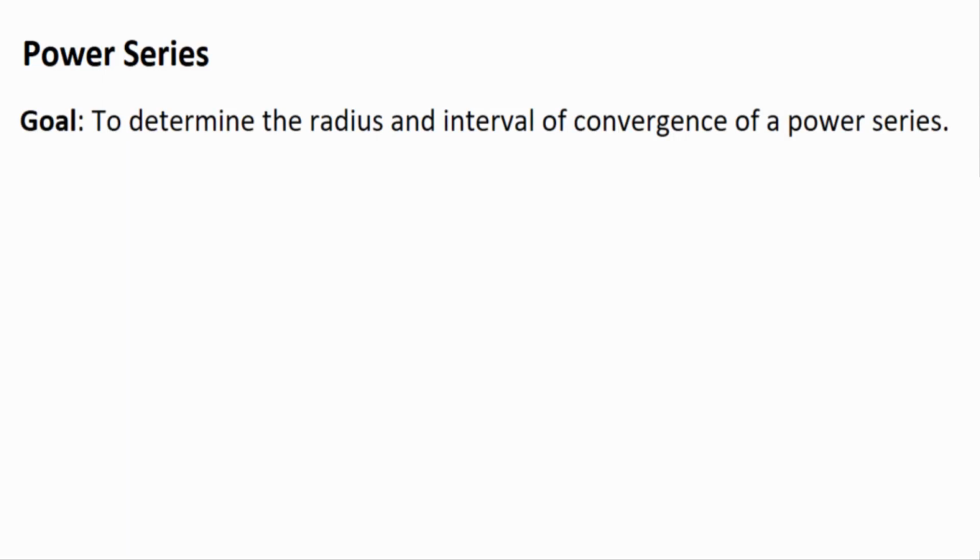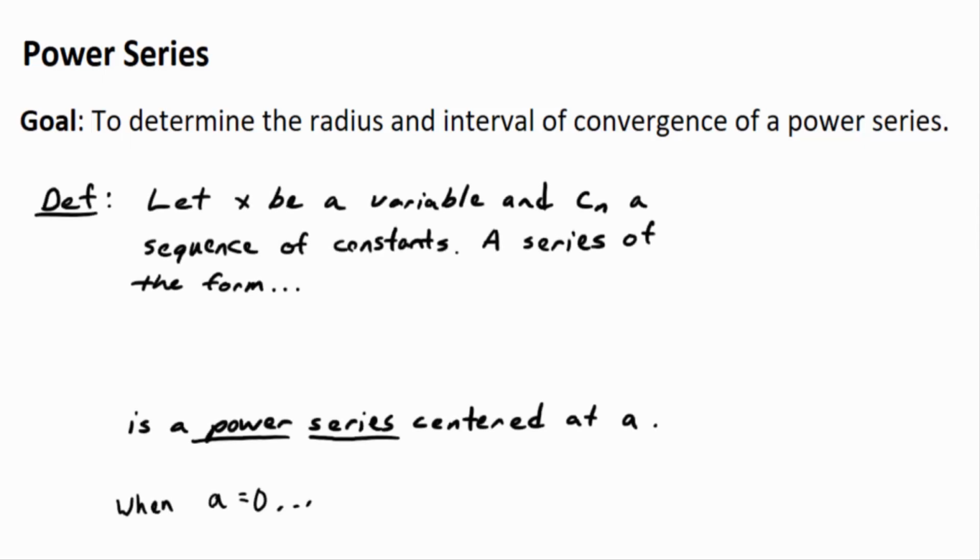So here we go. Power series. The goal is to determine the radius and interval of convergence of a power series. So here's the big definition. Let x be a variable, a real variable in this class, but in reality it doesn't have to be.